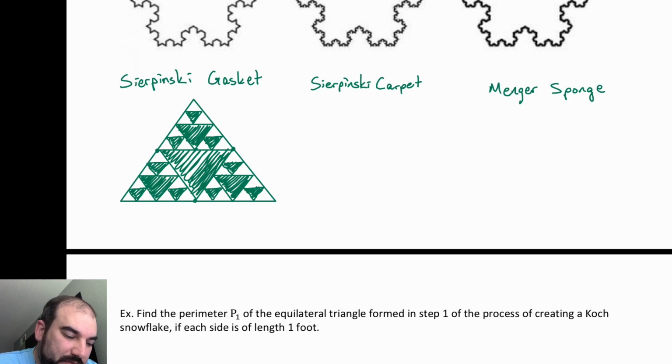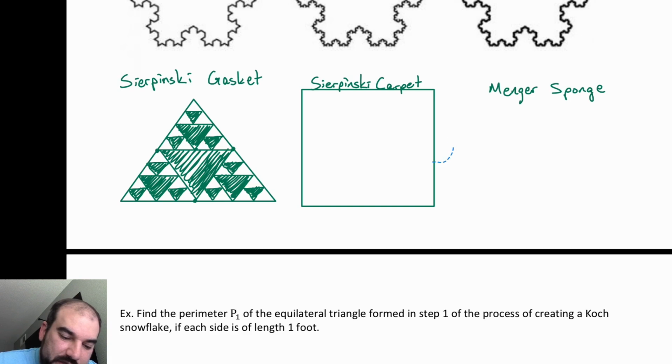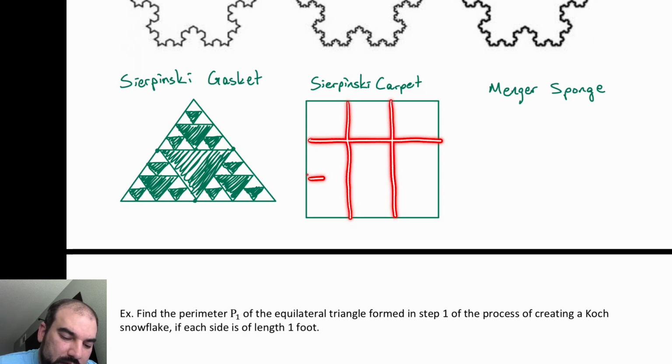We essentially do something very similar with the formulation of the carpet. So the carpet is kind of a square version of the gasket. So we start with a square, and we imagine that it is split into kind of like a tic-tac-toe board where you have 9 equal squares in here.